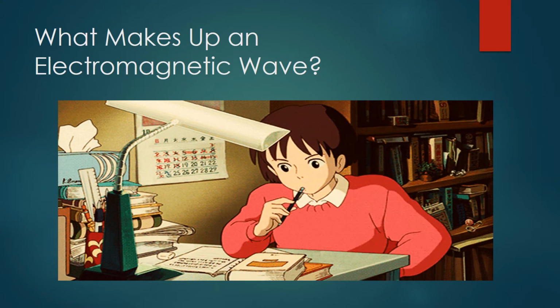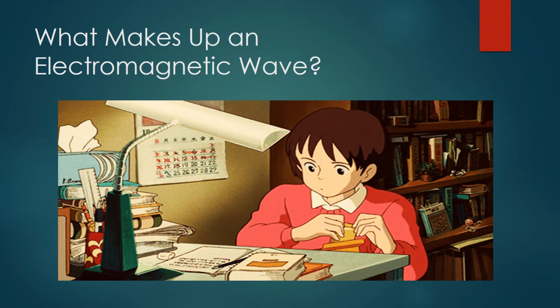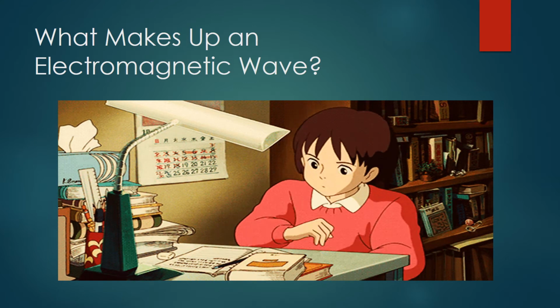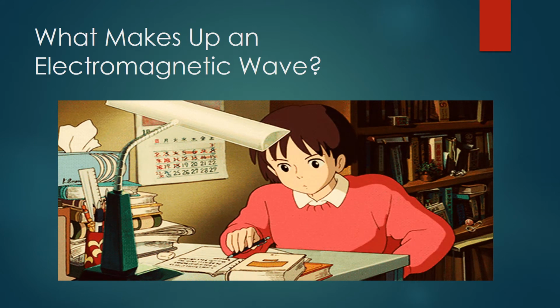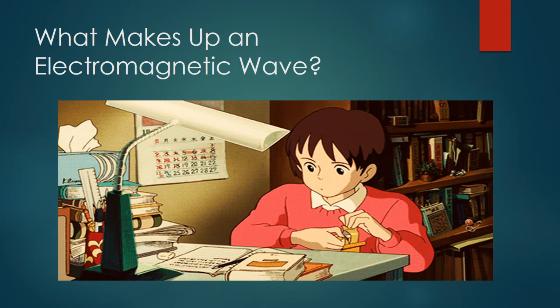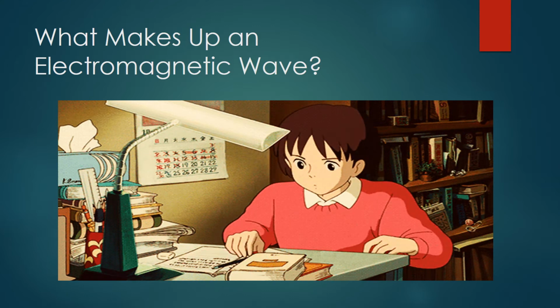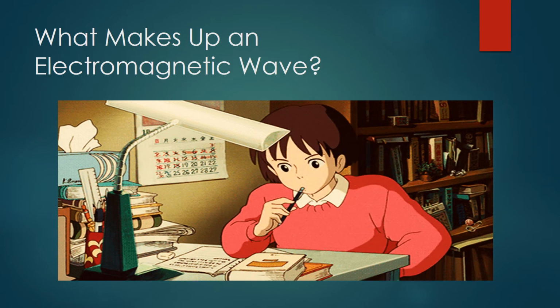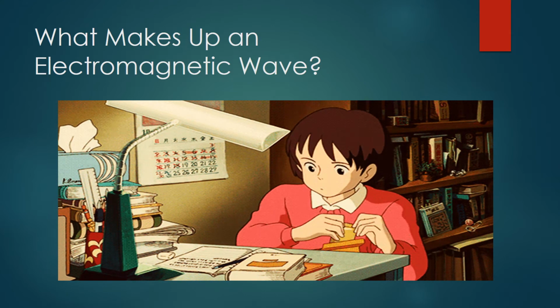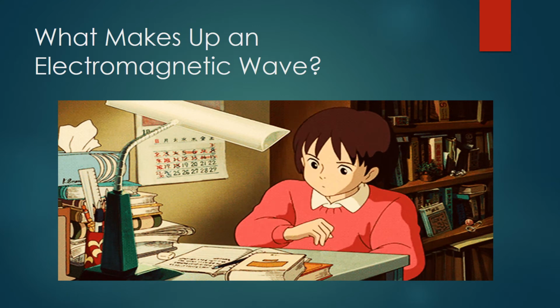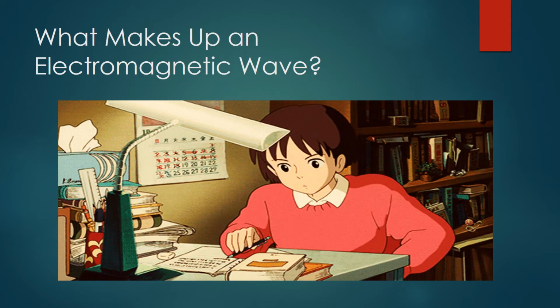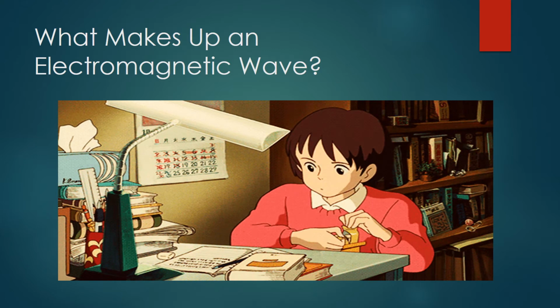As you sit at your desk and read this book, you are surrounded by waves you cannot see or even hear. These are radio waves, microwaves, infrared rays, visible light, ultraviolet rays, and tiny amounts of X-rays and gamma rays. These waves are all electromagnetic waves.